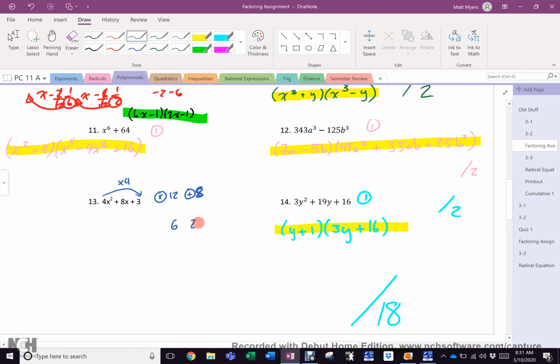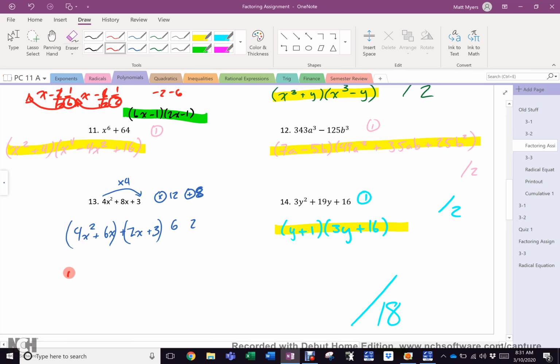So now we just rewrite 4x squared plus 6x and then plus 2x plus 3. Yeah. Now, some kids always say, well, which one do I put where? It doesn't matter, right? So then you do this, and you just work it, you GCF them.